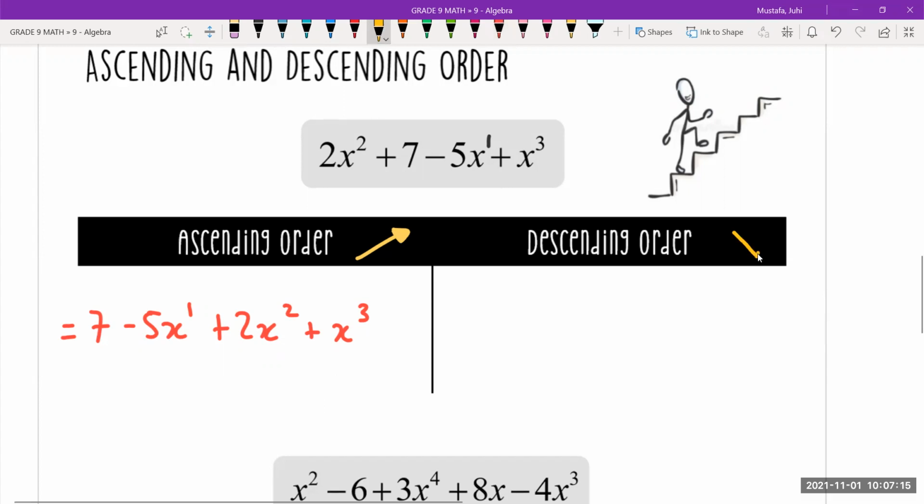Now, descending means you're going the other way around, but look, we've actually done the hard work. If you've written this in ascending order, what do you need to do to this to write it in descending order? Just flip it. So we're going to start with x cubed. Then what are we going to write next? Positive, don't forget your signs, positive 2x squared. Good. What are we going to write next?